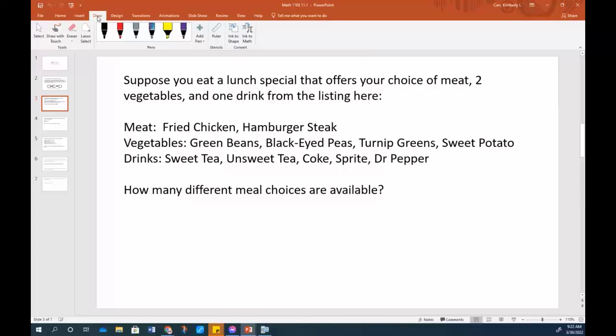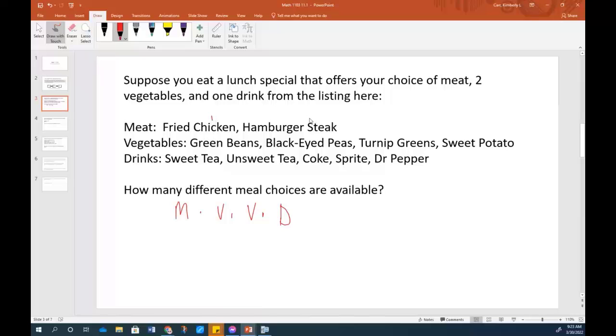Well, do keep in mind, nobody said that you couldn't choose the same vegetable twice. So as we look at this down here at the bottom, I have my number of choices for meat, times my number of choices for veggies, times my number of choices for veggies, times my number of choices for drinks. And each one of those would be considered different.